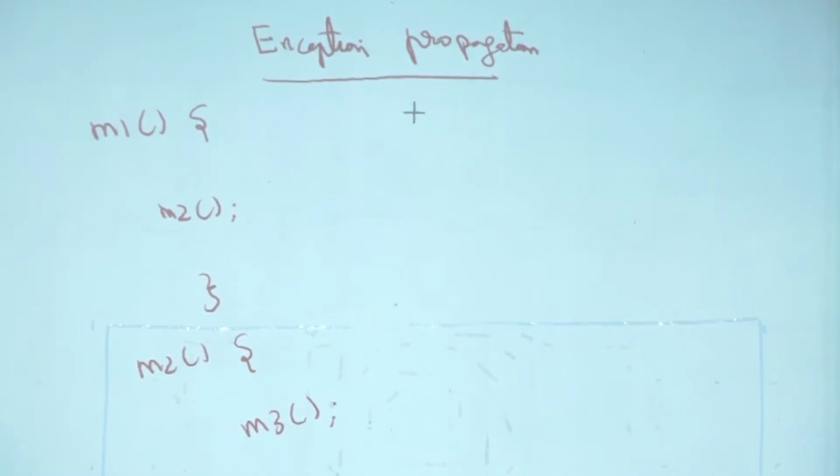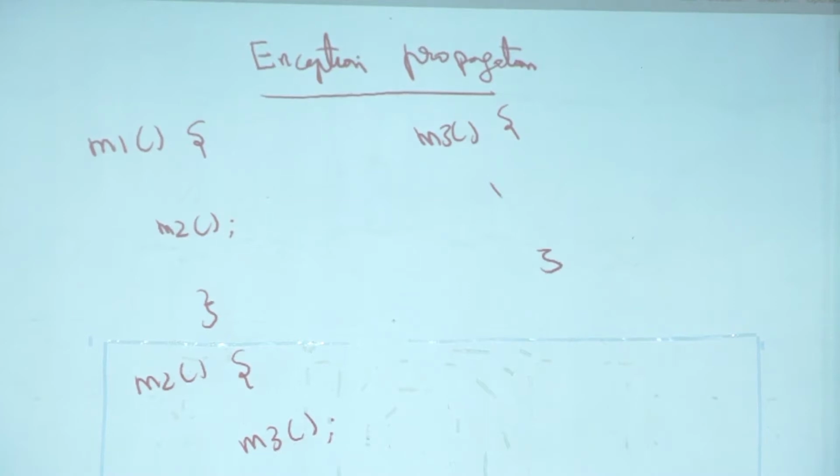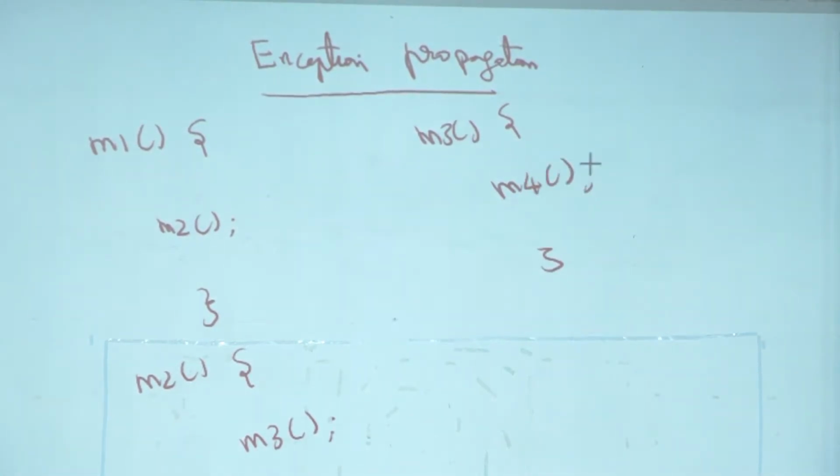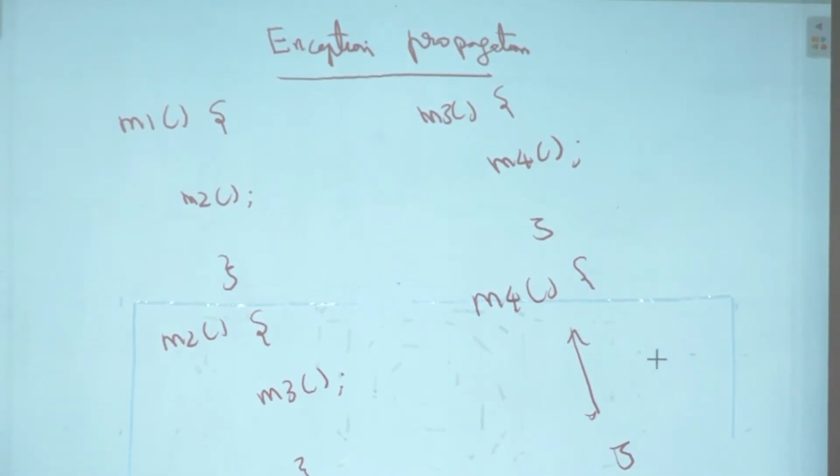And M3 is another method which calls M4. And M4 is a method. During the execution of the method, there is an exception. Let's say an arithmetic exception.